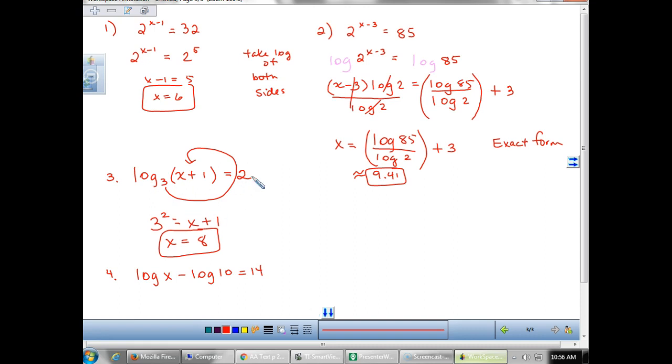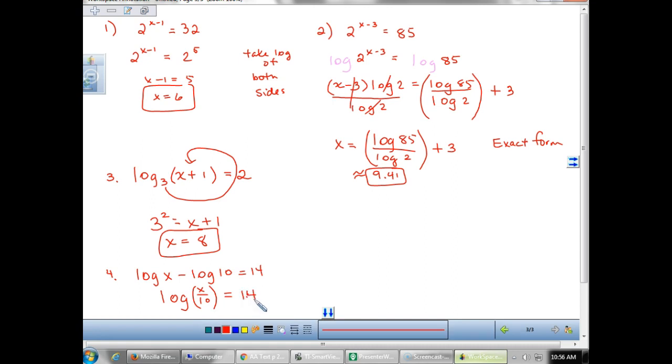So it's not like this problem up here where I could just rewrite it. I cannot rewrite it yet. But don't I have a property that would help me condense this? Yes, very good. So it's going to be log, and I'm just going to do x over 10. This is when you can combine it. So log of x over 10 is equal to 14.